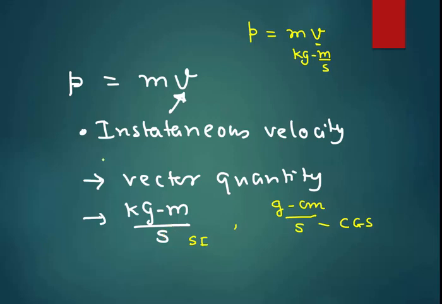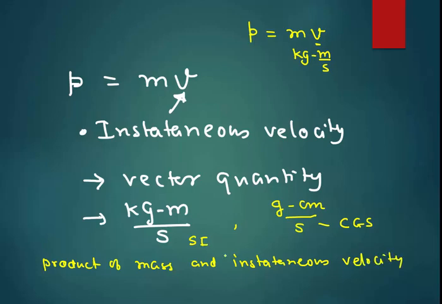As far as definition is concerned, there are two definitions of momentum. One is the simple definition that it is the product of mass and velocity of an object, or to be more precise, the product of mass and instantaneous velocity. So I can write over here: product of mass and instantaneous velocity of an object.